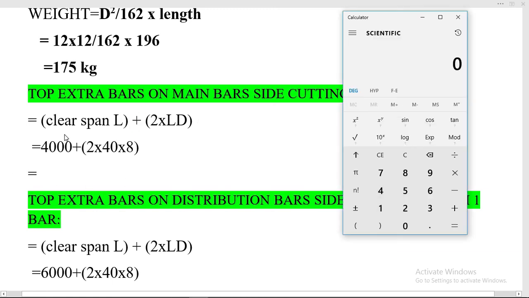On the shorter side, the clear span length we have is 4000, because we are placing the top extra bar on the main bar side.